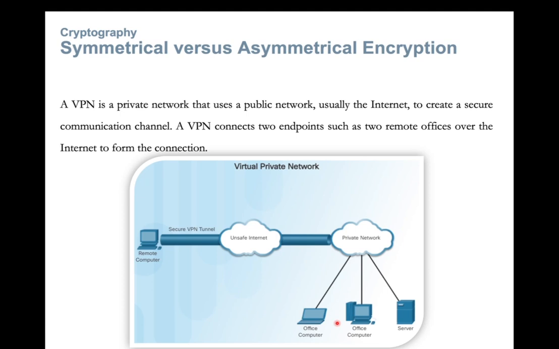This VPN uses IPsec, Internet Protocol Security, a service that allows for authentication, integrity, access control, and confidentiality. With IPsec, remote sites can exchange encrypted and verified information from a remote computer to the office computers or the servers.